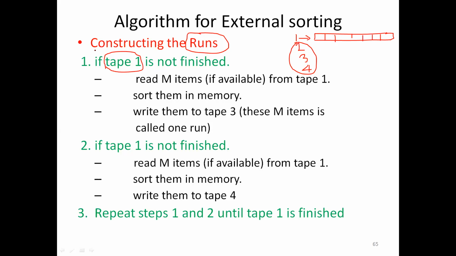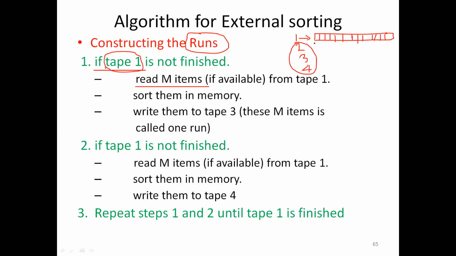Let's see how the algorithm works. If tape 1 is not finished, this is the given tape, consisting of records. I'm going to sort it. Read m items, if available, from tape 1. For example, I consider 3 items in a run, so the number of strings in a run is 3.